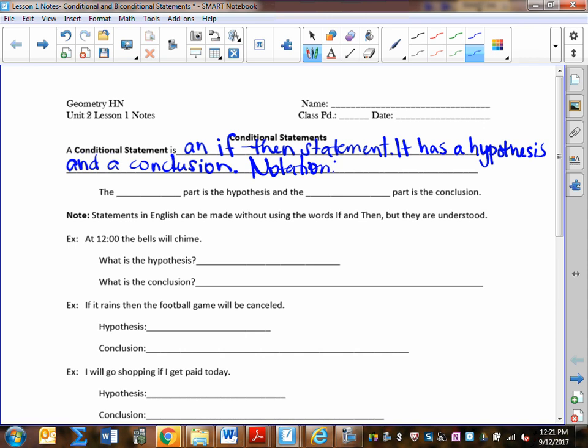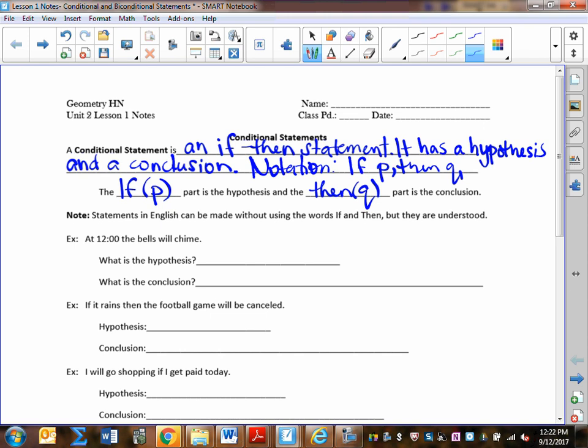All right, so notation. An if-then statement, we would write if P, then Q. The if part, P, is the hypothesis, and the then part, Q, is the conclusion. So if something, then something else.